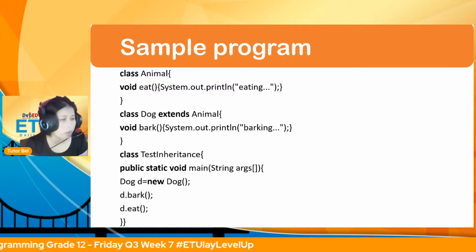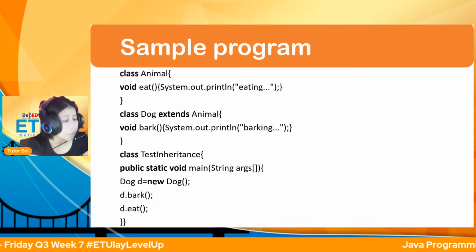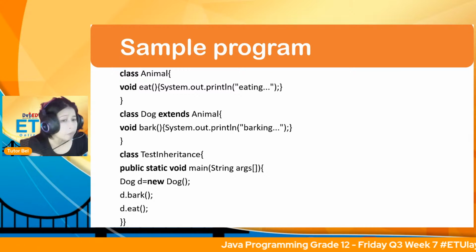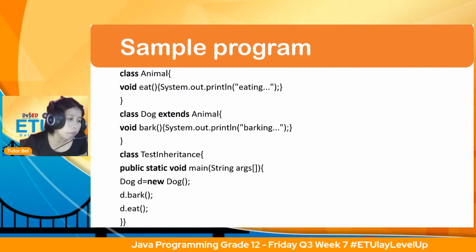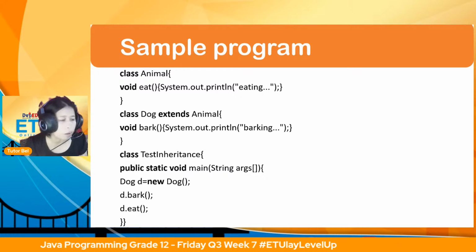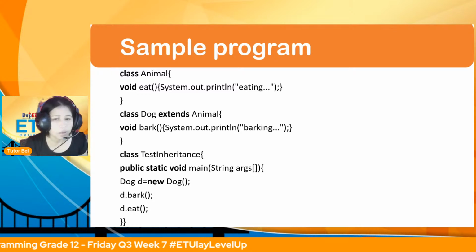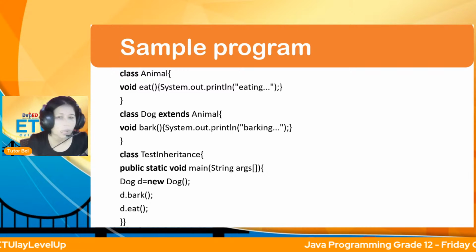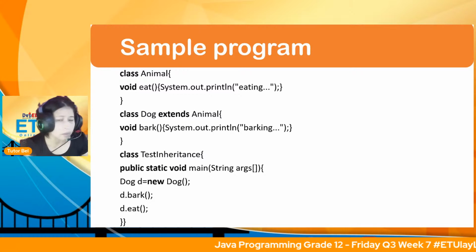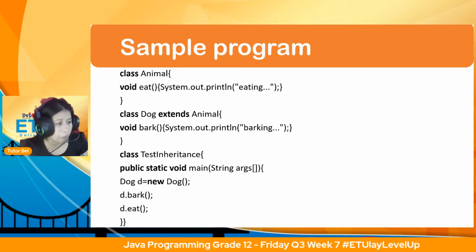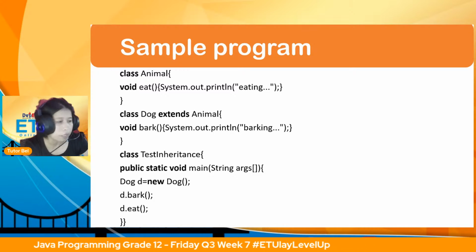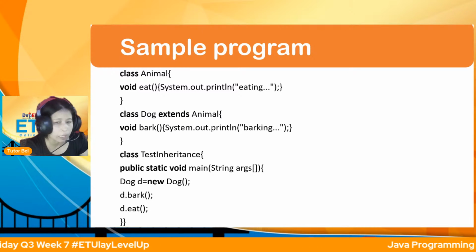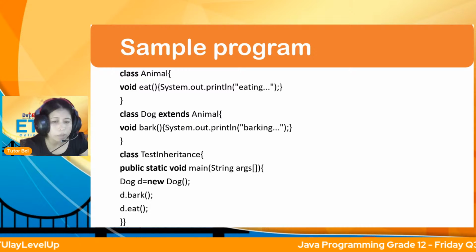So there is the reusability, and kung merong reusability, that means hindi ka na kailangang mag-recode, maglagay ng program ulit or mag-coding ng parehas lang naman. Kasi parehas lang naman yung sa Animal. Animal could eat, but the Dog can bark. Okay? So we have different animals, marami pa po. In this case, ginawa lang natin is the Dog, but na-inherit niya.